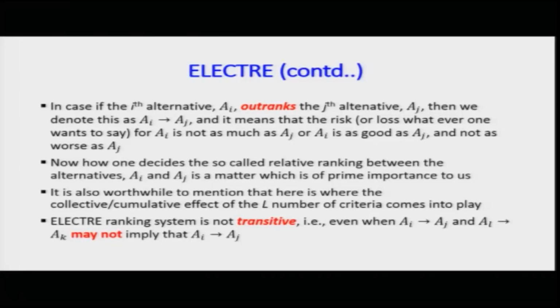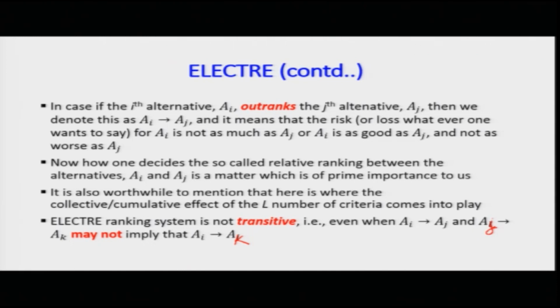So, the ELECTRE ranking system is non-transitive. That means, say for example, if A_i is better than A_j and A_j is better than A_k, we may not imply that A_i is better than A_k. There is one error here that should be changed.